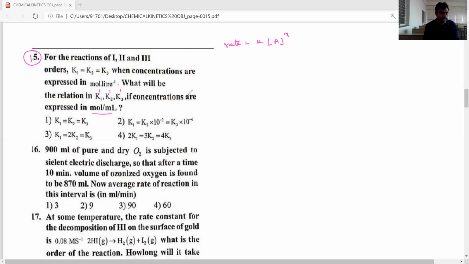Okay. See, in this case, concentration of A in mole per liter is nothing but concentration of A into 10 to the power of 3 mole per ml. Now R1, the first order reaction, n is equal to 1.